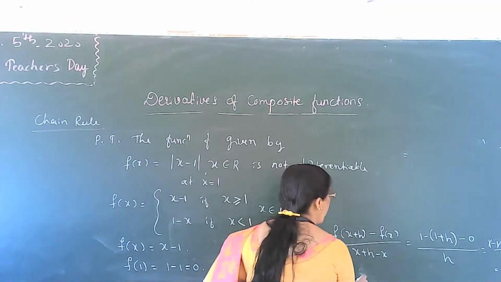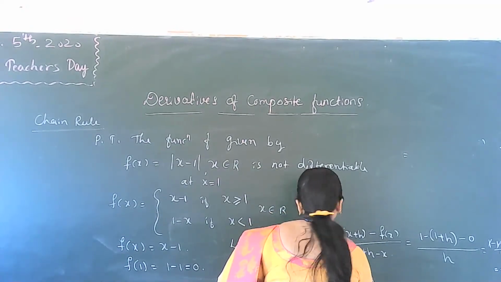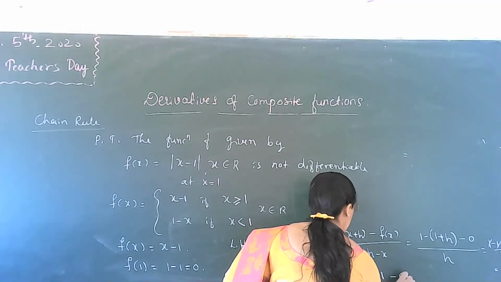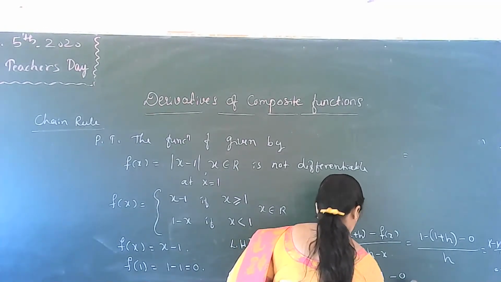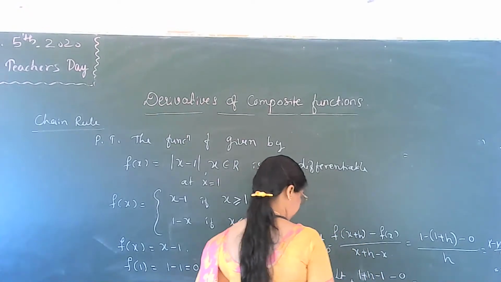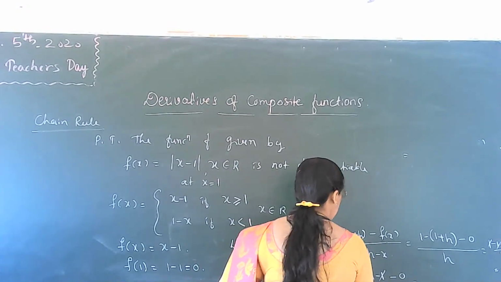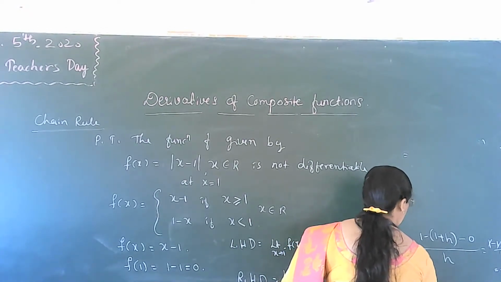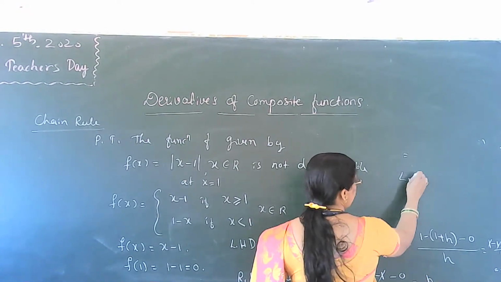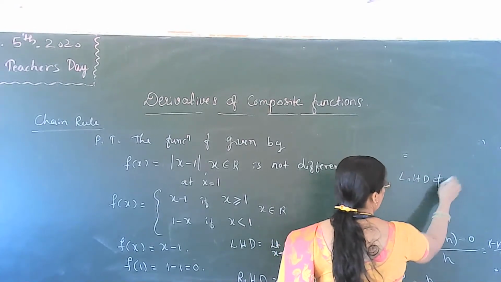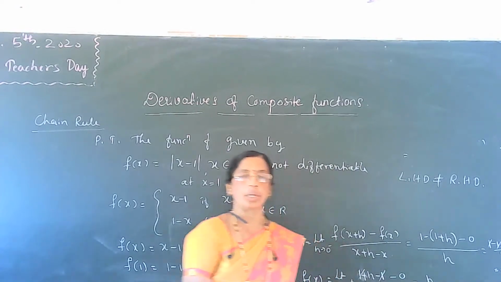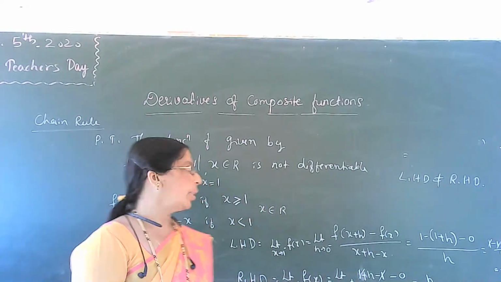Therefore 1 plus h minus 1 minus 0 divided by h, which is equal to 1 plus h minus 1, the 1s cancel, is equal to h by h is equal to 1. Here LHD is not equal to RHD.